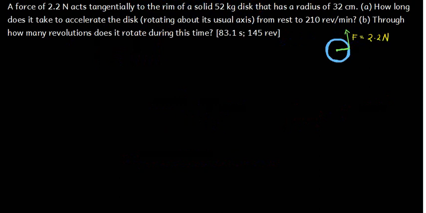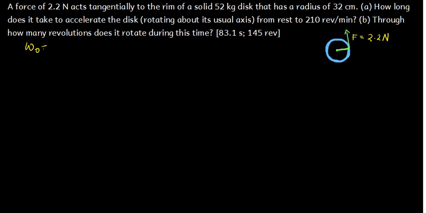Now the first thing is, let's convert the final velocity we've been given to radians per second. So omega final is 210 revolutions per minute, and we multiply that by, we know that in 1 minute we have 60 seconds, and also that in one revolution we have 2 pi radians.